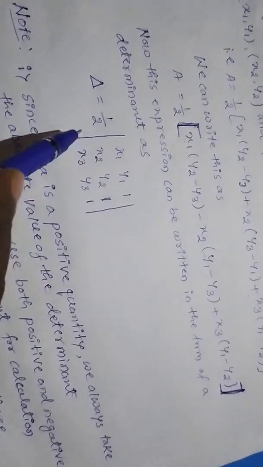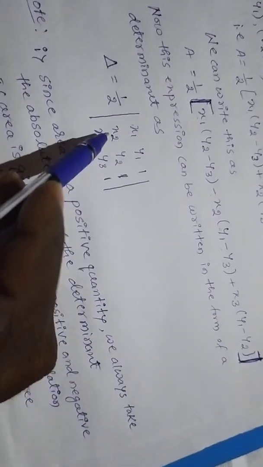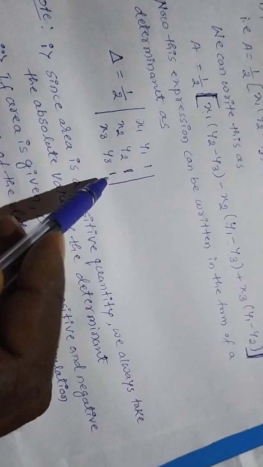Now this expression can be written in the form of a determinant as half into the determinant with rows x1 y1 1, x2 y2 1, x3 y3 1.